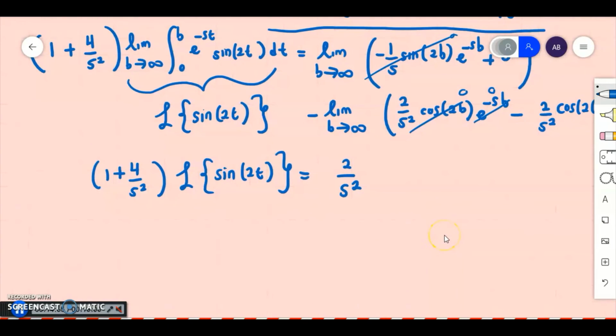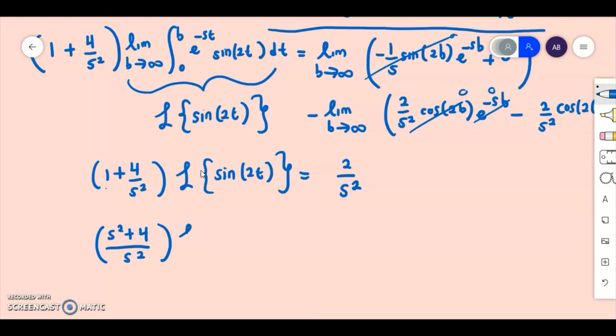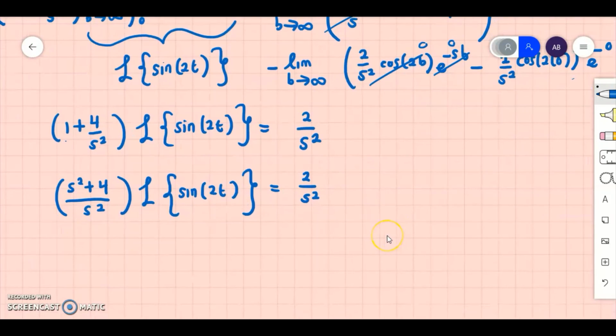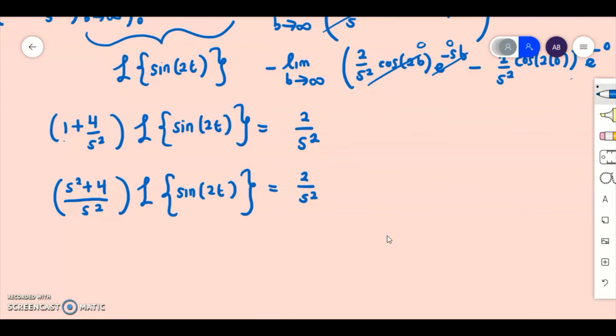Okay, let's simplify this. So the final step now, if you're not too sure how to bring it to the other side, just simplify the denominator in the numerator. So I have s squared plus 4 over s squared, the Laplace of sine 2t, which is equal to 2 over s squared. Now we're almost there. All we have to do is bring this part here to the right hand side.